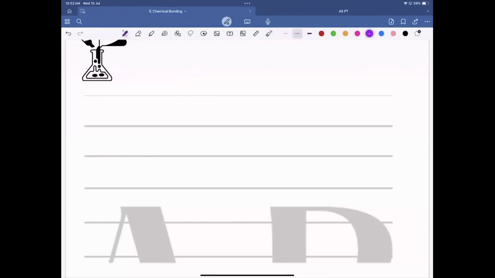For example, let me make this dot and cross. There are two pairs shared between carbon and oxygen, right? And oxygen has two lone pairs as well. Now, if you see, the pair that is shared has two different electrons, right? So it means it's a covalent bond. Now, have a look over here.